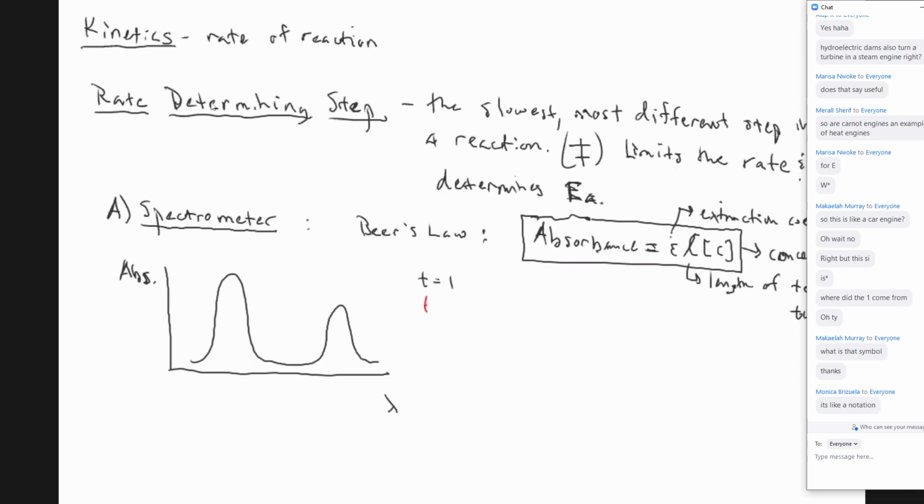At time equals 2, this has now gone down. There's a new object that's here. This has gone down as well. And there's a new object here, right?